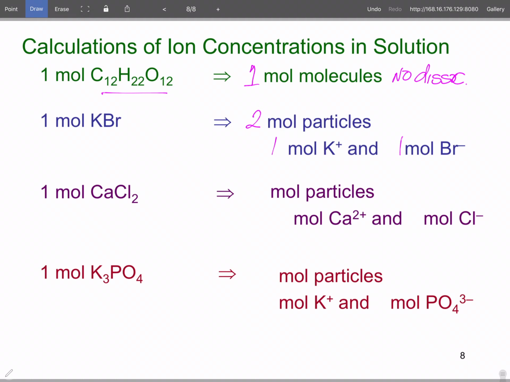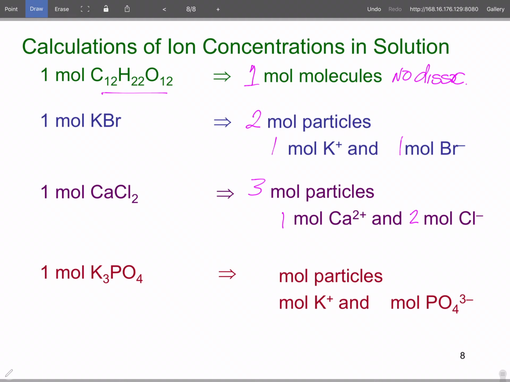Calcium chloride is a salt, so that makes it a strong electrolyte. So when it dissociates, you're going to get 1 mole of calcium and 2 moles of chlorides because that 2 goes up front, so you end up with a total of 3 moles of particles.